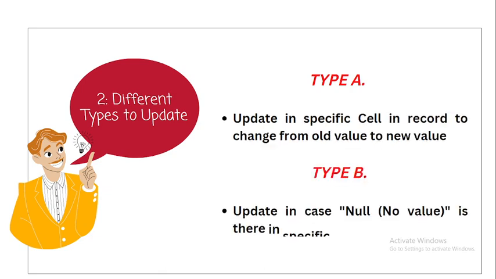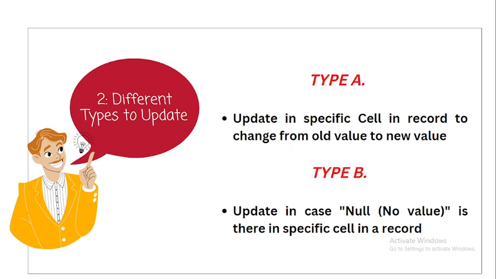Second, different types to update. Here the first type is to update a specific cell in a record, to change from an old value to a new value. It means we will have a table with certain records, and in that particular record you will have some column values. If you want to replace an old value with a new value, this type A is going to work.